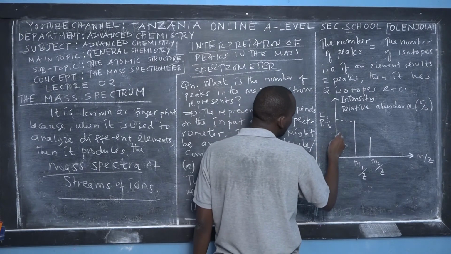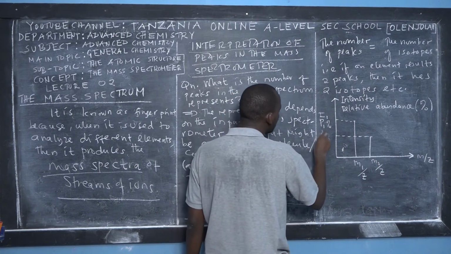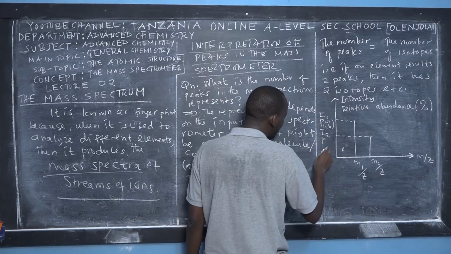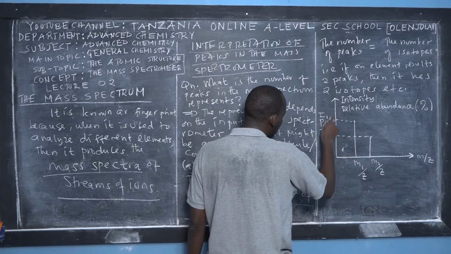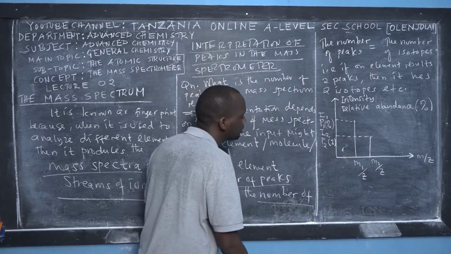And here we have another peak, presented as intensity 2, or relative abundance 2, in percentage.